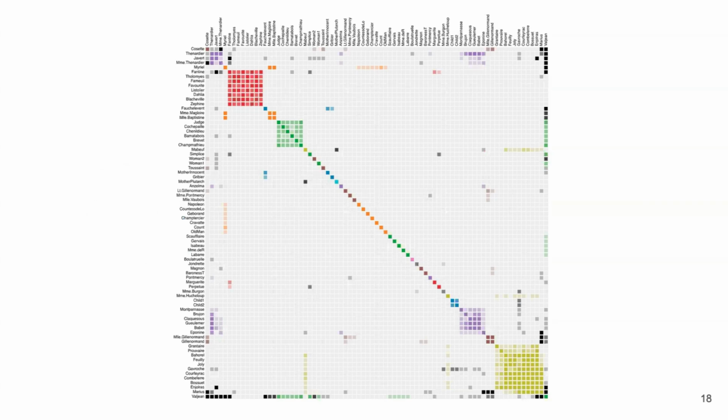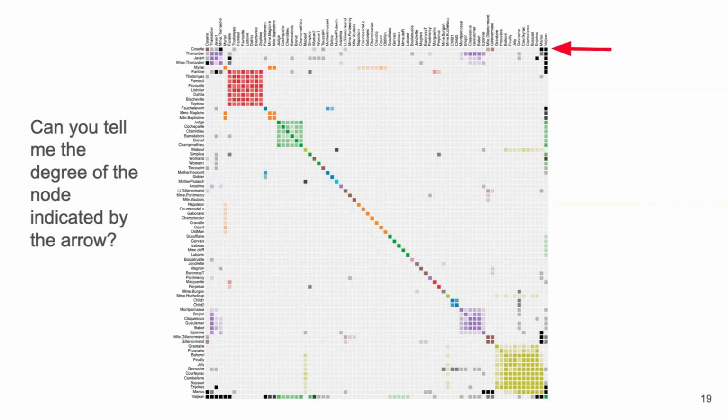But here, instead, can you tell me the degree of the node indicated by the arrow? Oh, I'm so sorry. The projector is a bit ruining the color up there of those squares, but still the only thing that you have to do is count the squares.